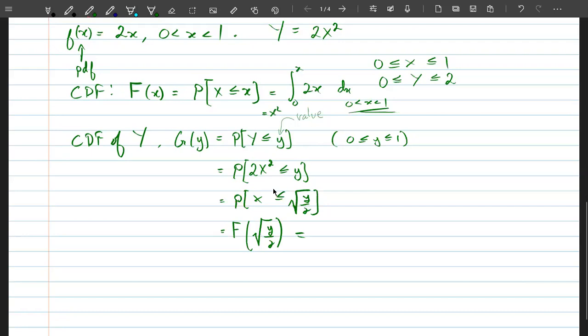So this will be the square root of y by 2, squared, which is y by 2. So G of y is y by 2 in this range. Oh, I wrote 1 here by mistake, that is 2. Okay, x is between 0 and 1, y is between 0 and 2. Now, if you're wondering why the equality is not there, that doesn't matter because it's continuous.